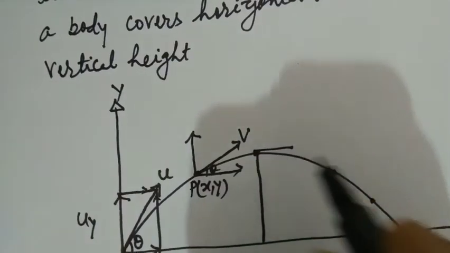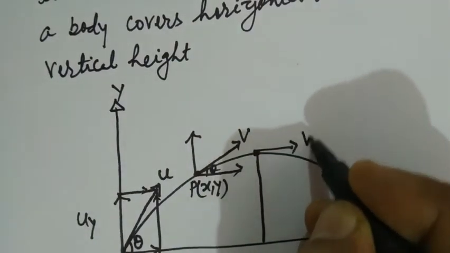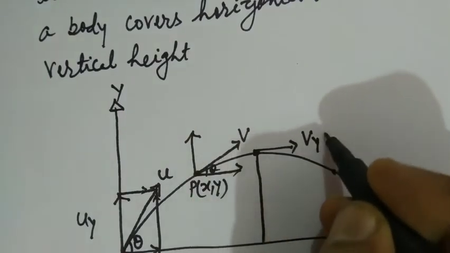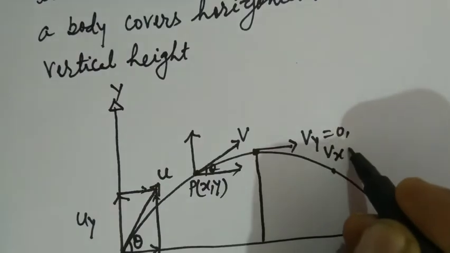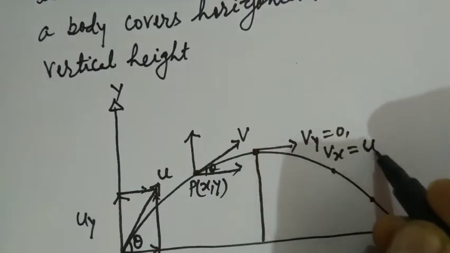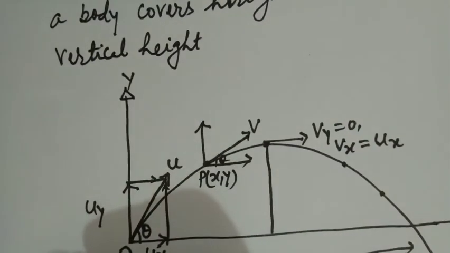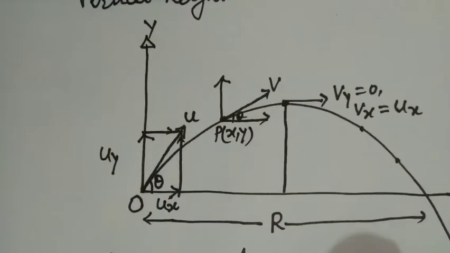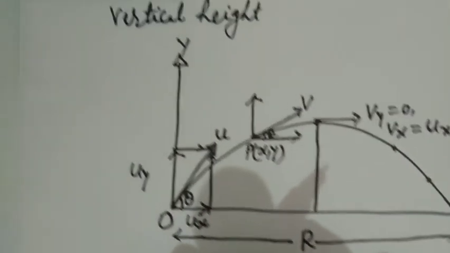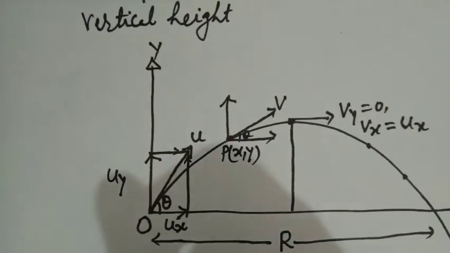Here we see that vy becomes 0, but vx is equal to ux, because along the horizontal axis in projectile motion the velocity remains the same throughout the flight, and in the vertical component the acceleration due to gravity is the same.